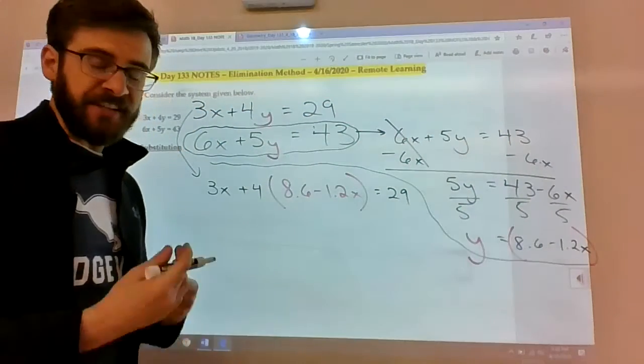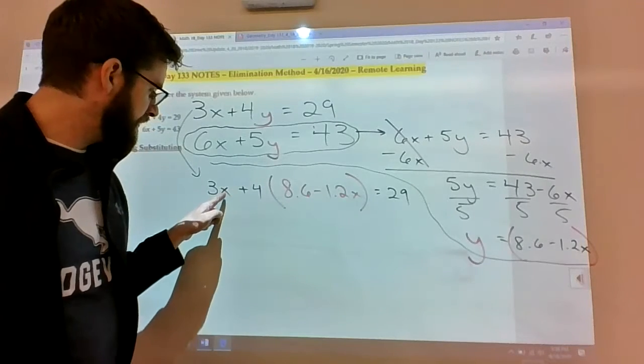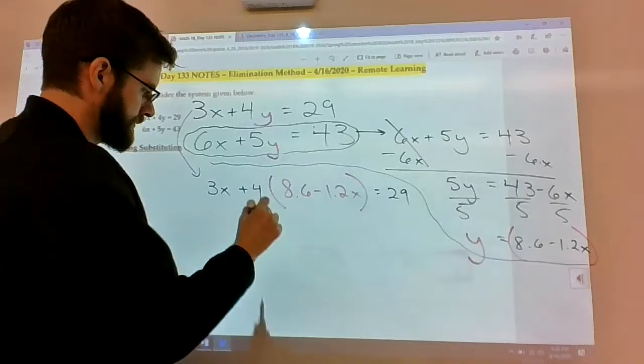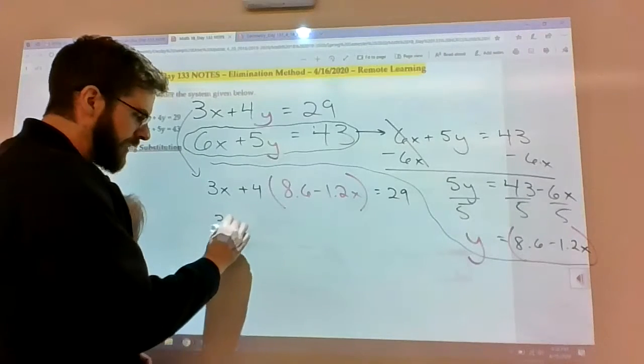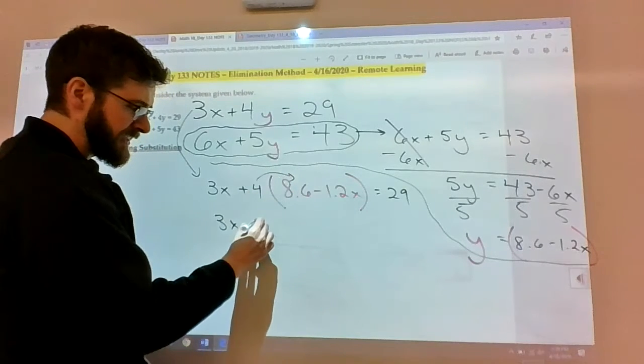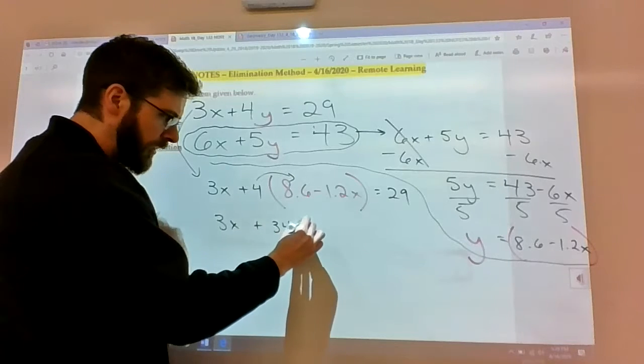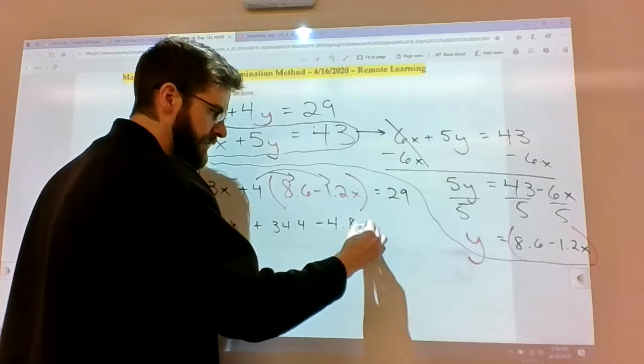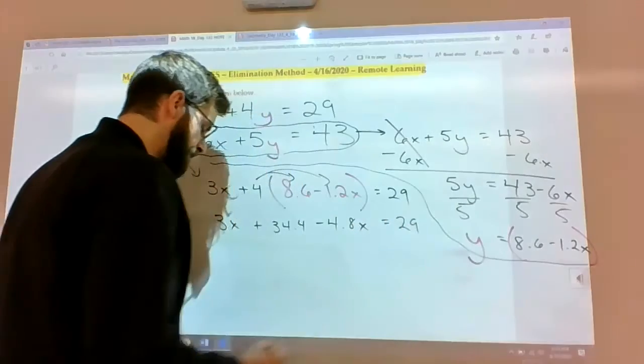All right, now the success of this is that we got an equation with just x's in it. So now I can solve for x. So drop the 3x down, take the 4 times 8.6, that's 34.4. Take the 4 times negative 1.2x, it's minus 4.8x. You get 29 here.